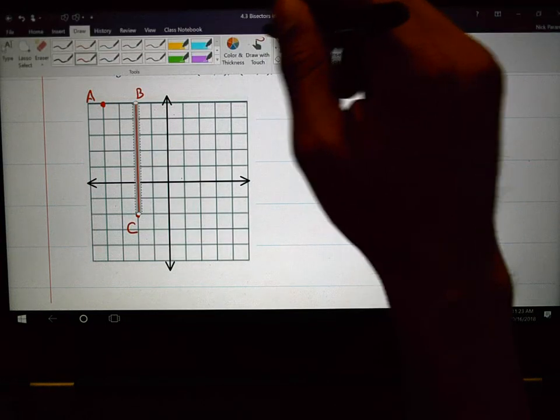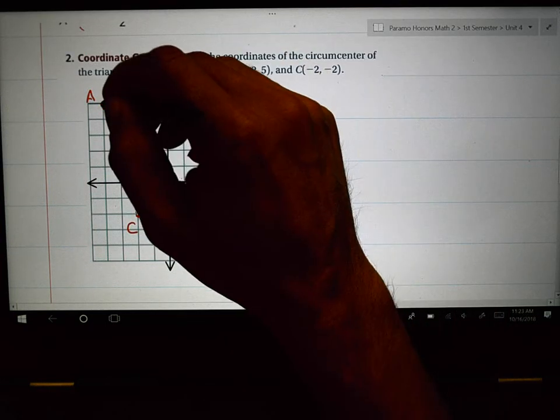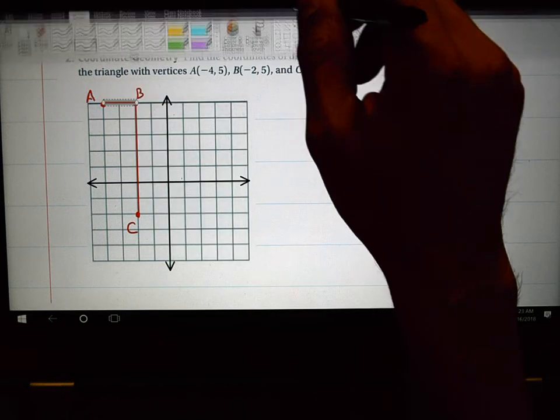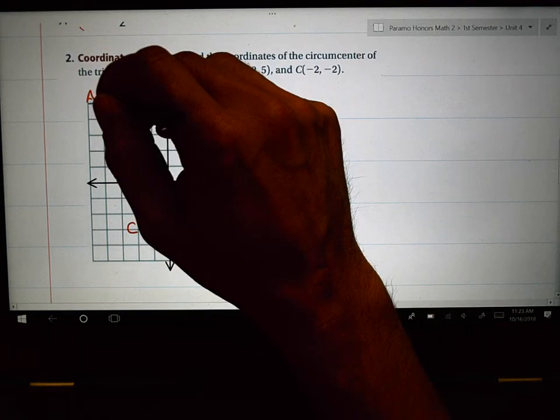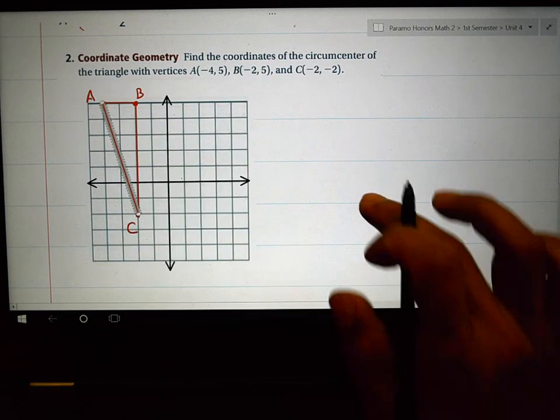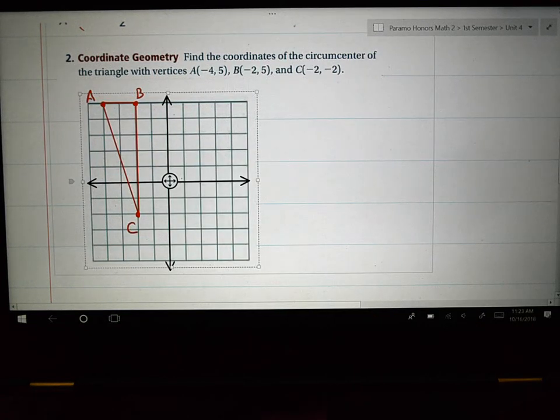Let's say I'm using a ruler. Well, I'm not, but I am using a straight line tool that helps me. You plot all 3 points. You connect the dots. If you need a ruler, I have rulers for you to use.